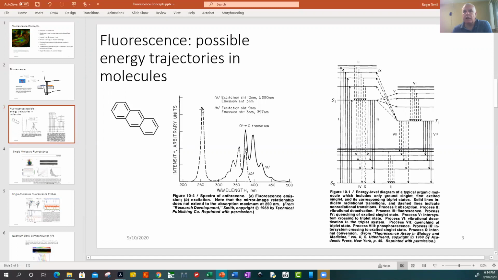Which corresponds to the absorption of light indicated by this 250 nanometer peak here? And let's just pretend that this does have a triplet. It's got a singlet and a triplet state, and this is mostly phosphorescence.